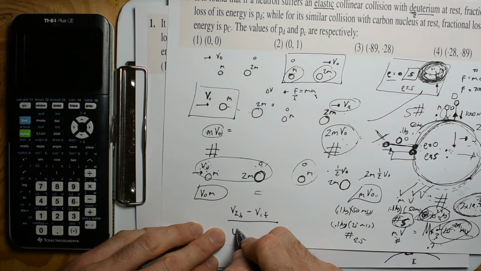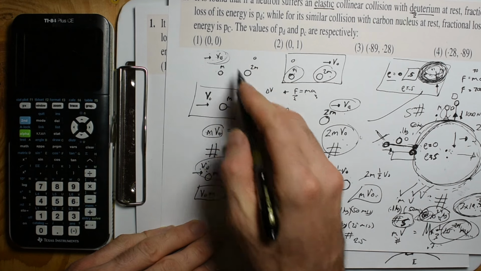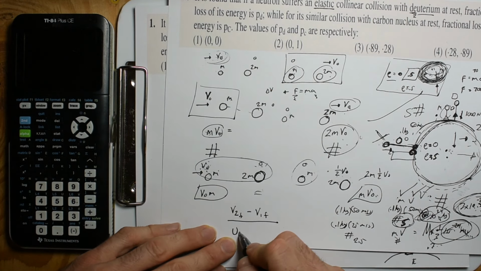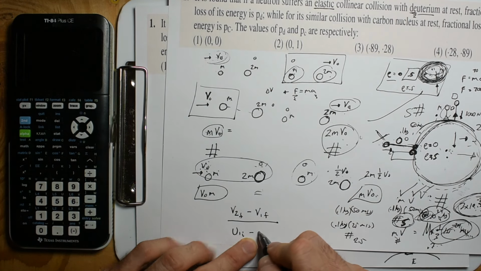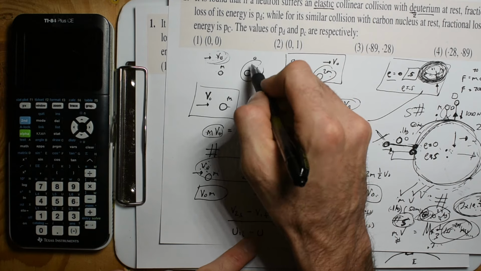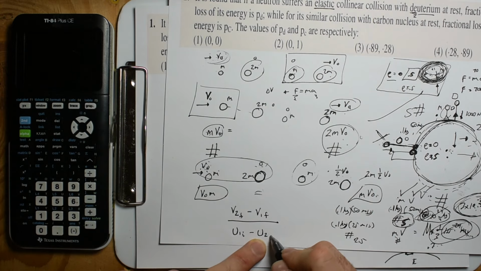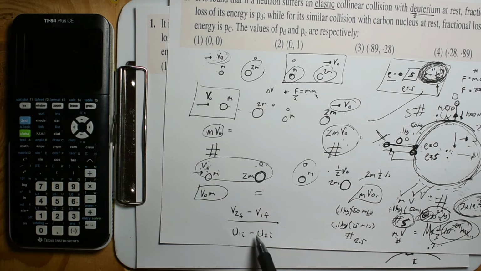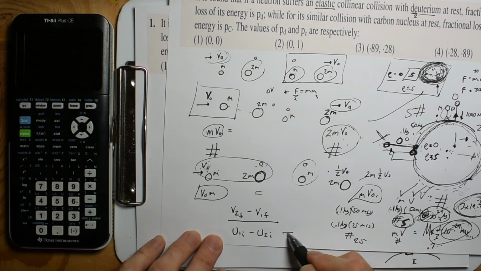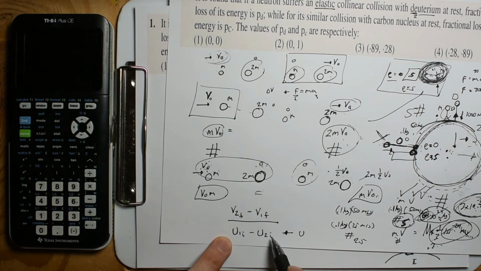We have to say the incoming velocity, V1 initial, minus the initial velocity here, and that's V2. Look how many little characters. And you want to do your initial velocity with U. That's kind of what they do.